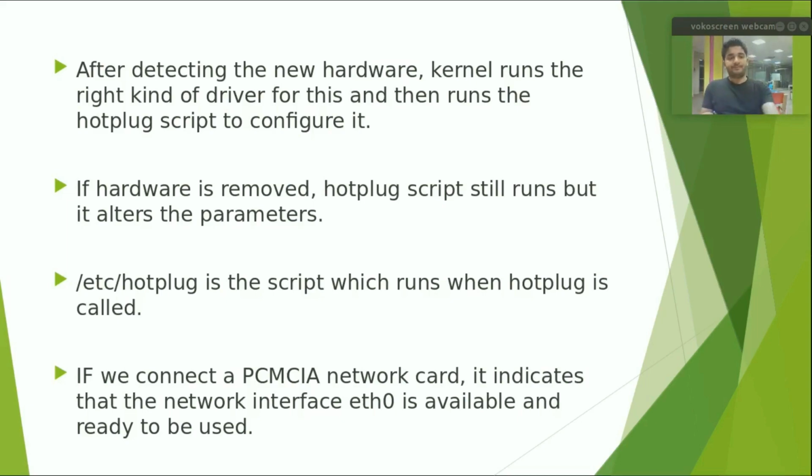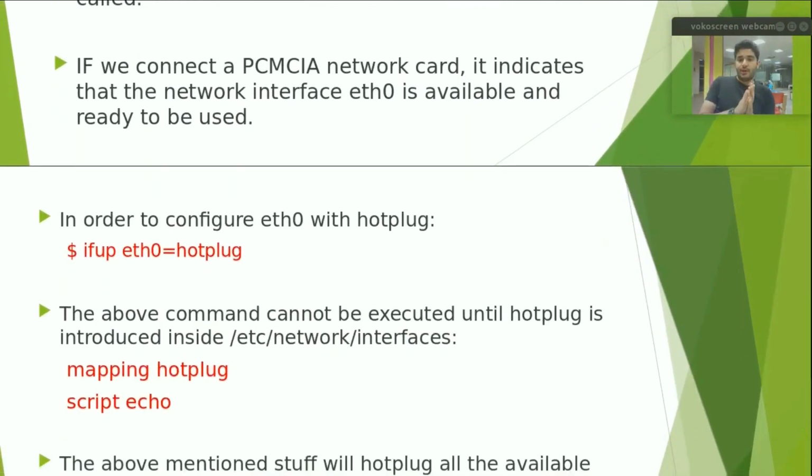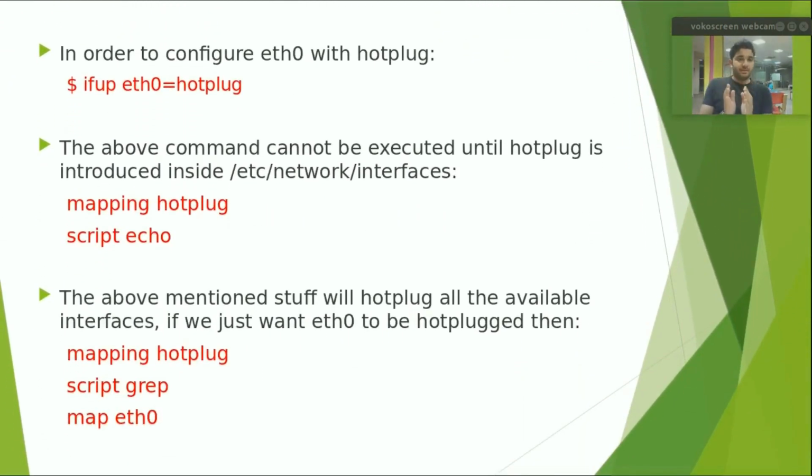All right, so moving on to the next point. In order to configure ETH0, which is an interface, with the hotplug, you have to write this command: ifup ETH0=hotplug. This command is not going to execute directly unless you make a few changes in /etc/network/interfaces, the interfaces file.